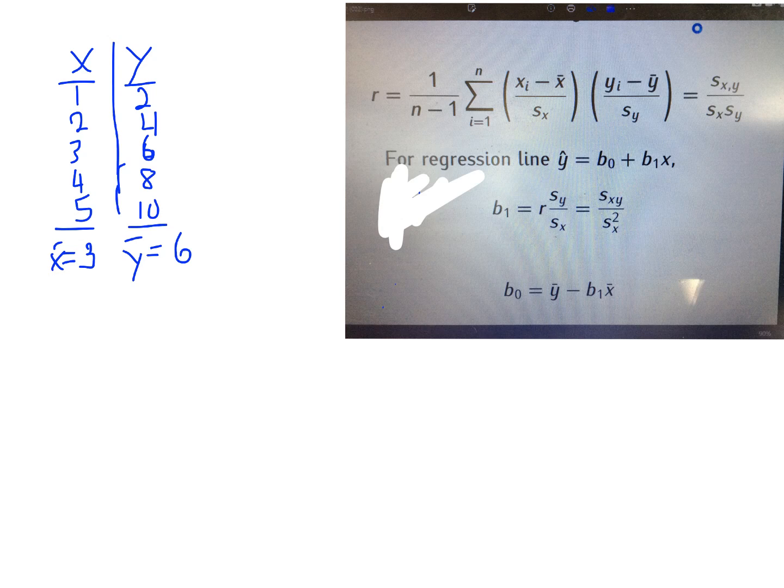So the next thing we need is these values over here.